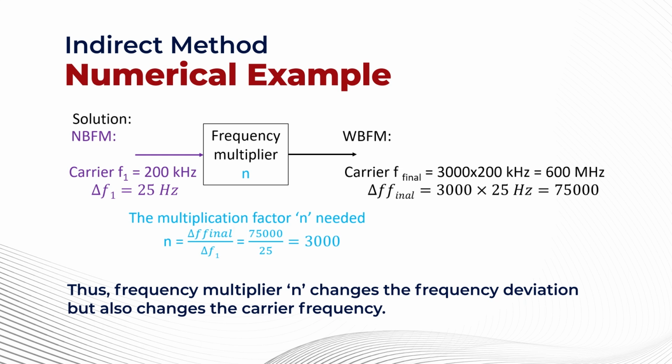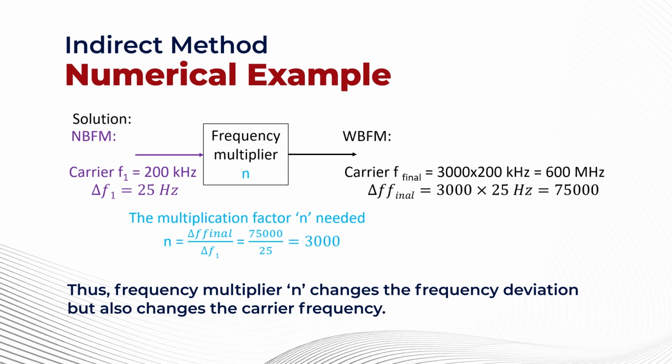Passing it through a multiplier, we need a multiplication factor of around 3000 to reach the desired frequency deviation. But if we directly multiply it by 3000, we will get the desired frequency deviation, but the final carrier will shift.